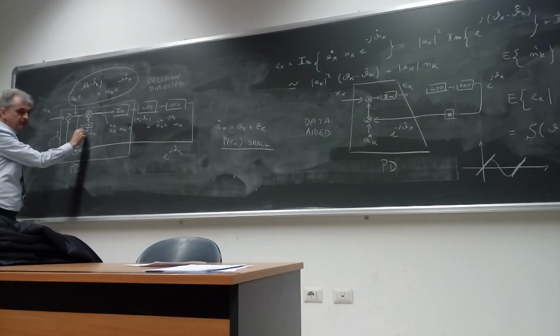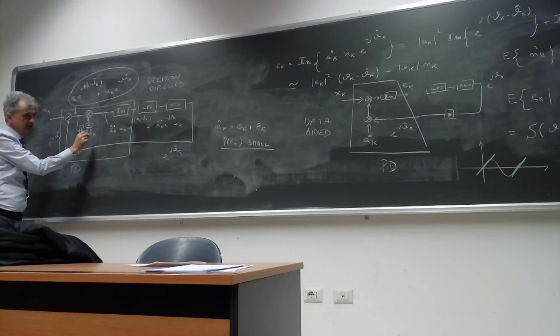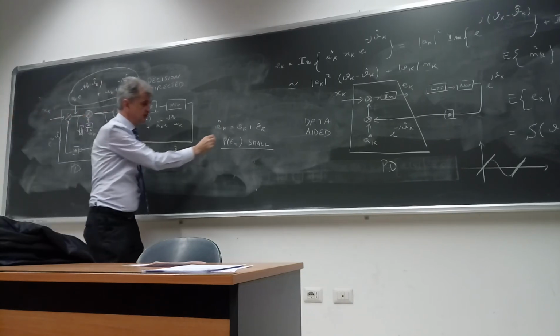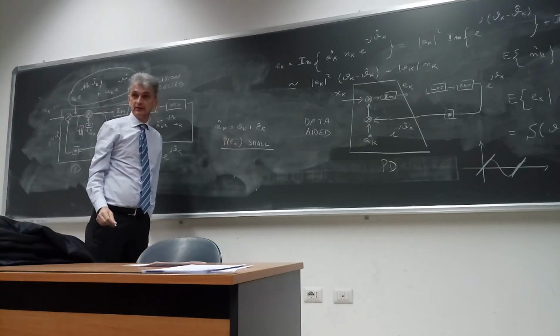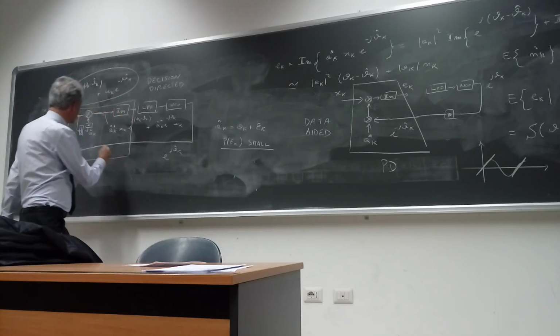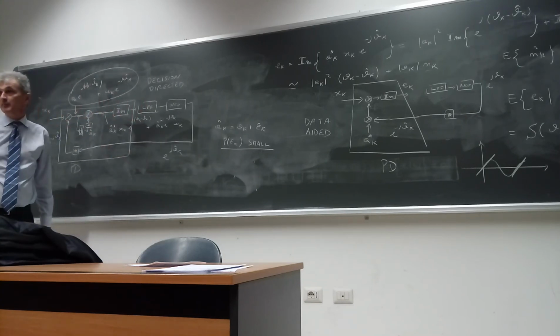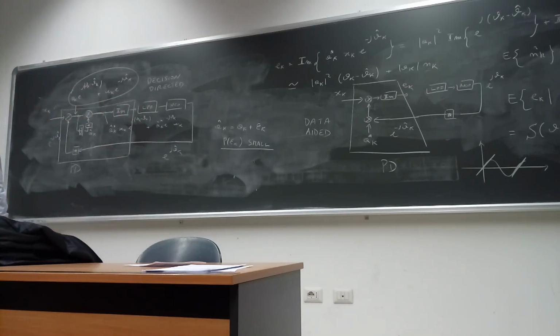If the probability of error is large, this means that hat A has nothing to do with A. And so here the phase detector is not measuring the error.